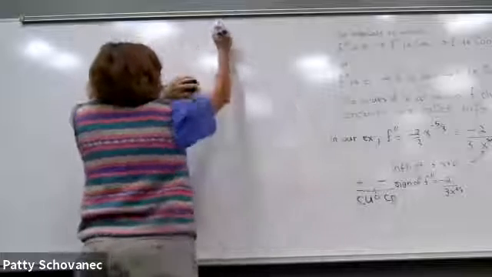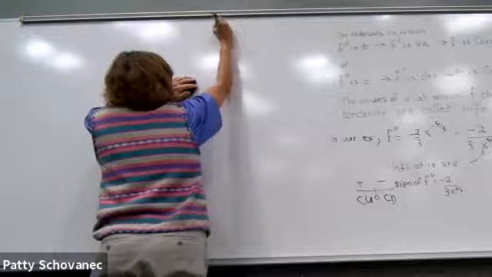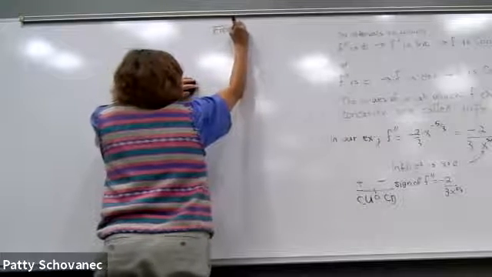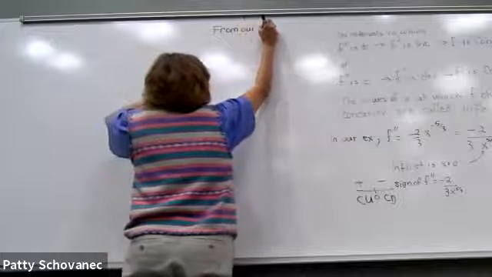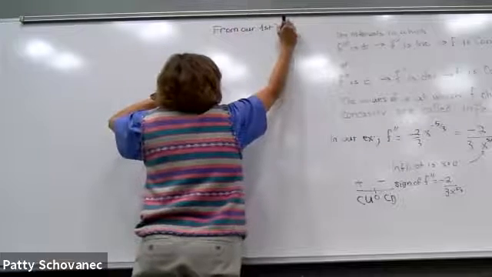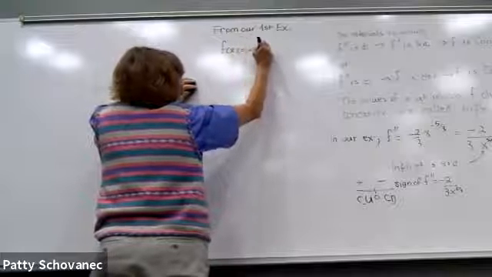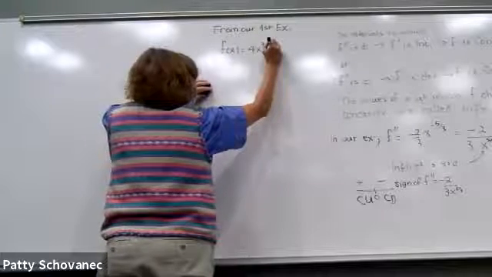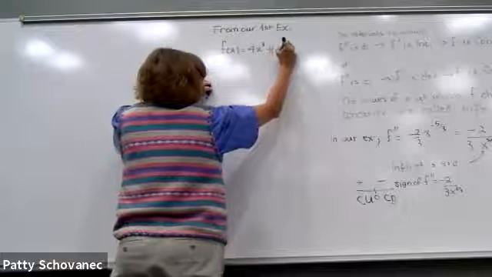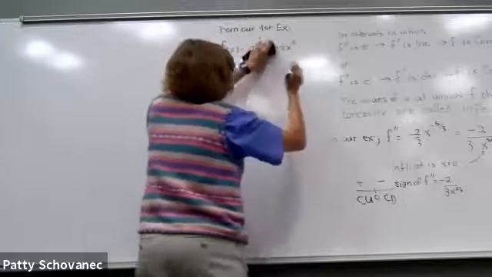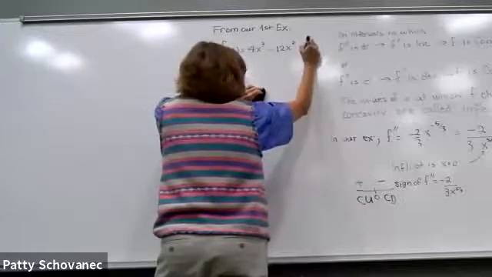So from our first example, we had f of x was 4x cubed, was this plus 12x squared or minus? I think it was minus, plus 5.